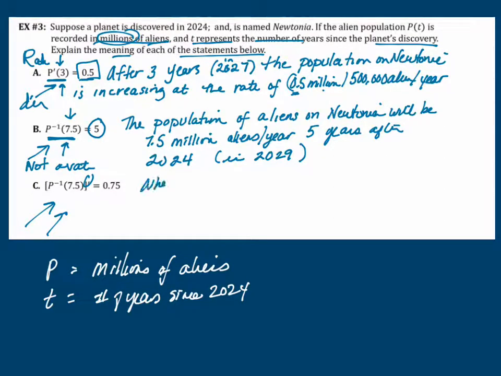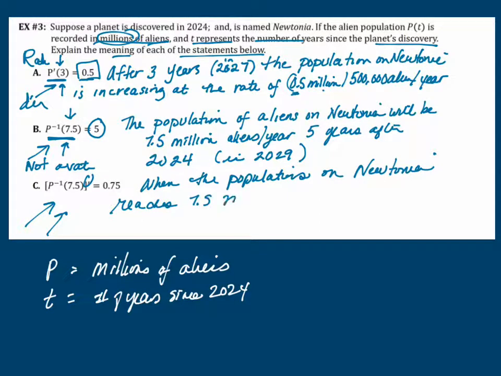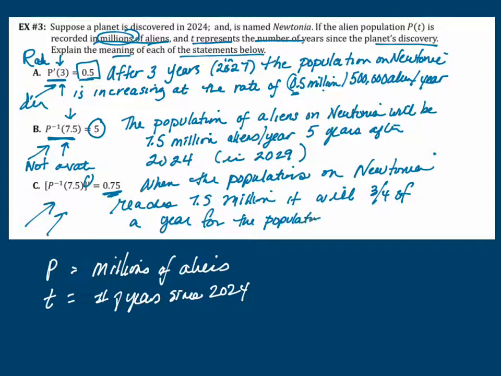So when the population on Newtonia reaches 7.5 million, it will take 3/4 of a year for the population to increase by 1 million.